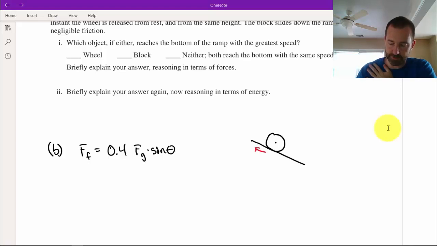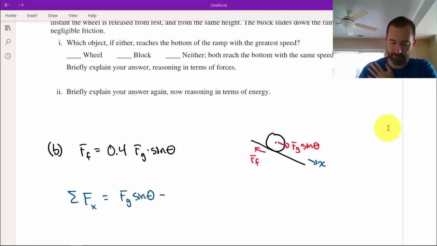We've got the force of friction going this way, and we've got Fg sine theta going that way. If we call this incline our x-axis, then we've got a net force in the x direction. Sigma Fx is going to be Fg sine theta minus 0.4 Fg sine theta.